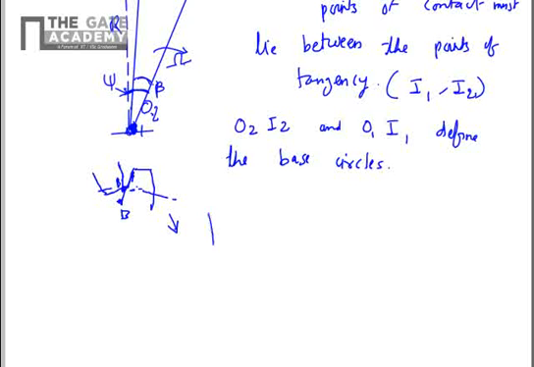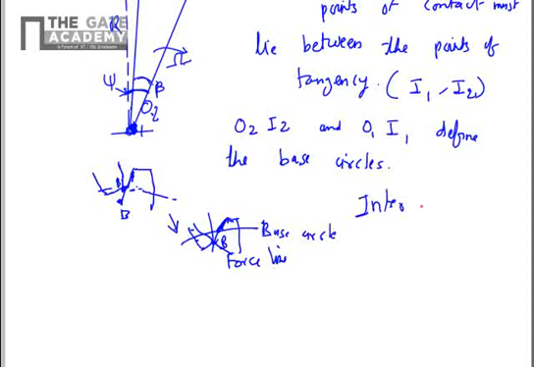This is point B, this is the force line, and this is the base circle. So the base circle has generated the involute profile for the wheel teeth, but the point B is still in contact, so the base circle can define the involute profile only above it. Below that the profile is not involute.